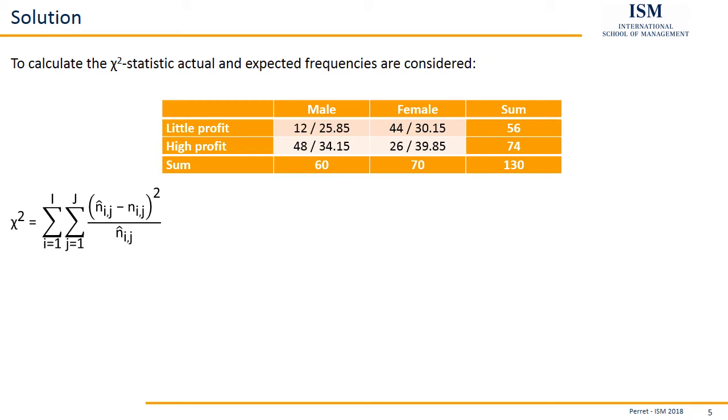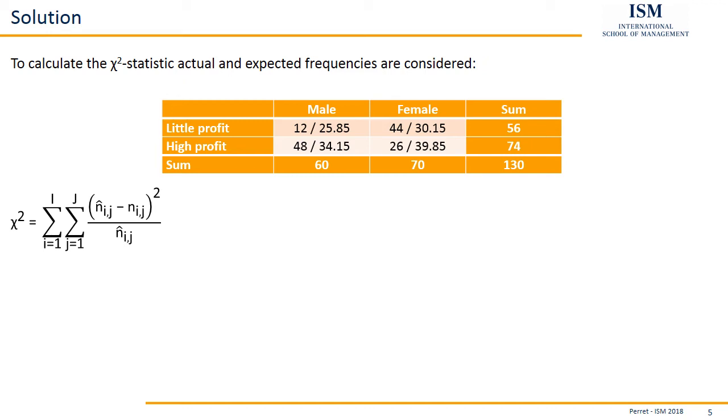This basically means we take the expected frequency, subtract the original frequency, square the result, and divide it by the expected frequency. So if we start with male and little profit, we'll calculate 25.85 minus 12, then the result to the power of 2 and divided by 25.85.